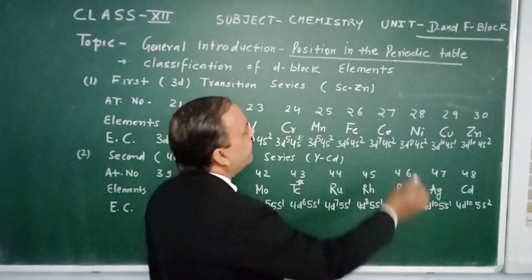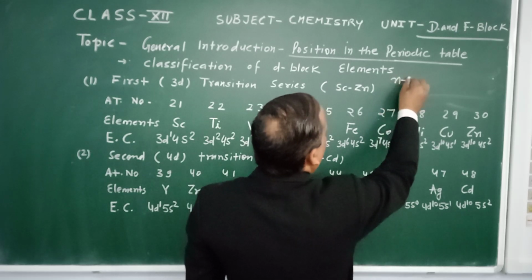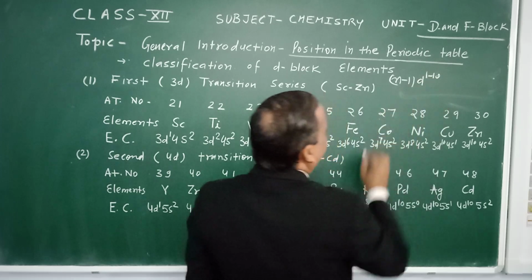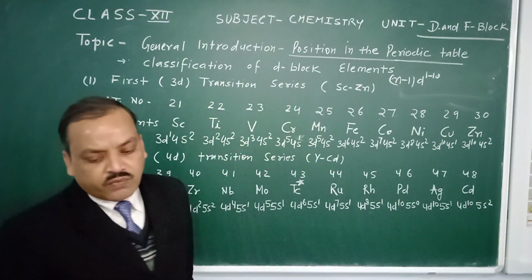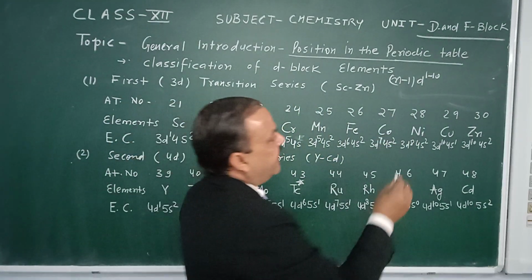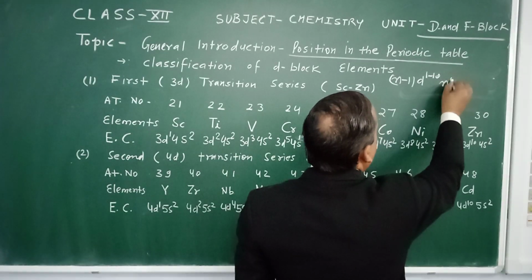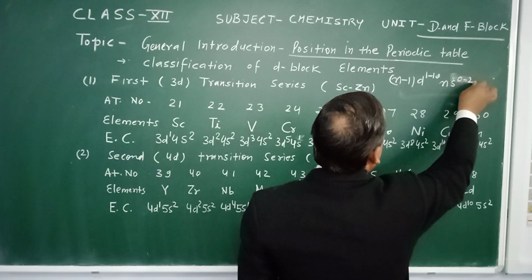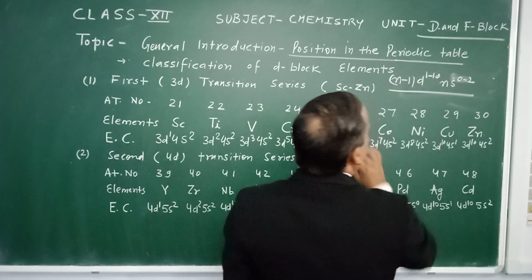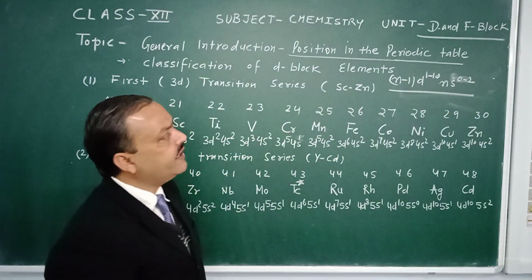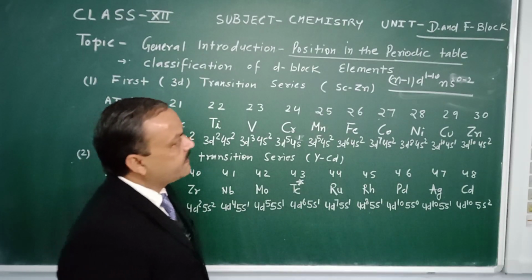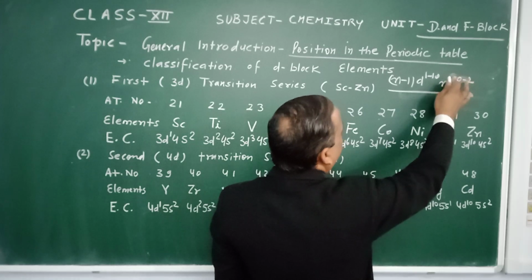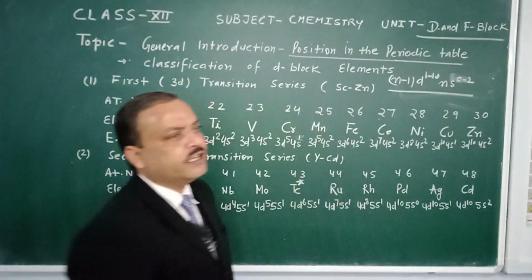The general electronic configuration is (n minus 1) d 1 to 10, ns 0 to 2. What is the explanation of this general electronic configuration?